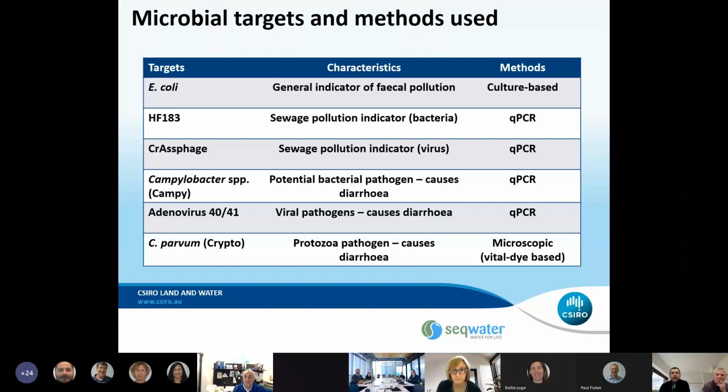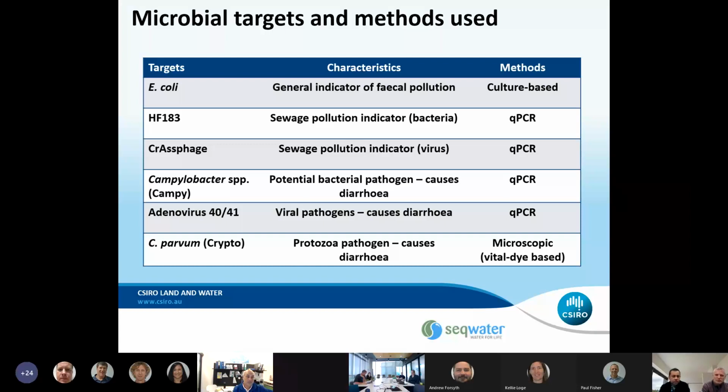These are the microbial targets and methods we chose for this study. We used E. coli, which is a general fecal indicator bacteria, using culture-based methods. We used 2 marker genes, HF183 and CrAssphage. These are completely specific to sewage.